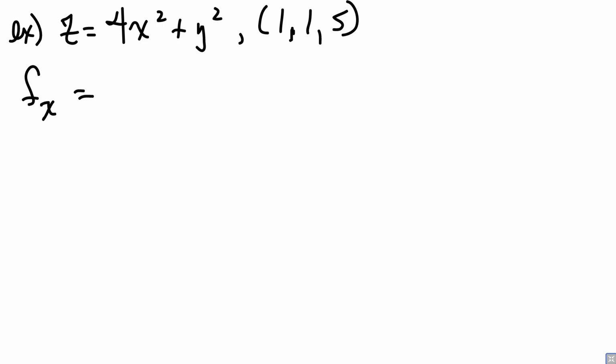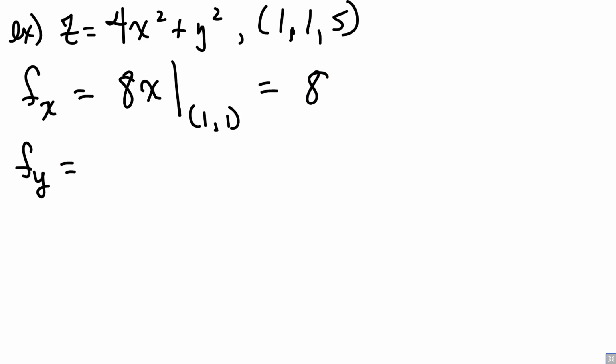Yes, 8x. And if we evaluate it at the point 1, 1, what do we end up with? 8. Okay. All right, next we're going to find the partial with respect to y, and what will we get there? 2y. And if we evaluate it at the point 1, 1, what are we going to end up with? 2. Okay.